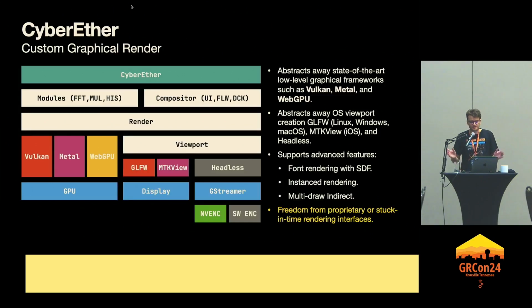And also multi-draw indirect, so you just issue a single draw call and it will draw multiple different elements at the same time. Both of those were needed to implement font rendering, and that's what's new in the beta alpha 5 version of CyberEther right now on GitHub.